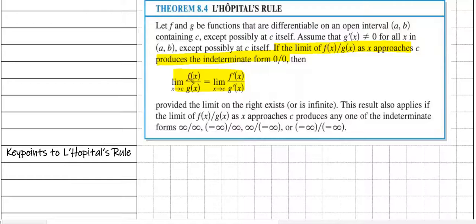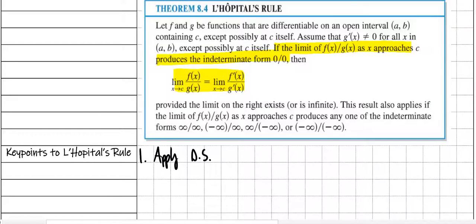Now, if you observe this step, f of x, f prime of x, g of x, g prime of x, they're just derivatives. So the first step in using L'Hopital's rule is to first apply direct substitution.